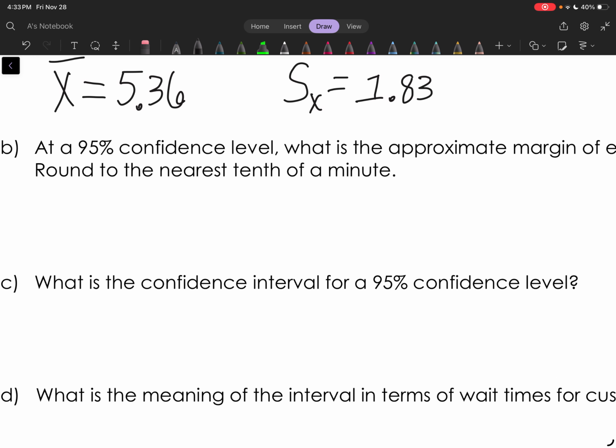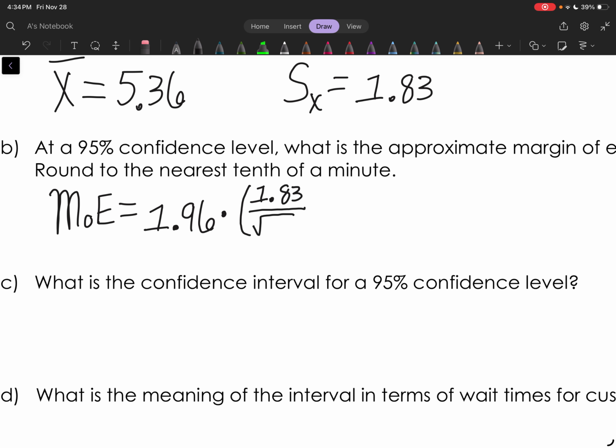At a 95% confidence level, what is the approximate margin of error? My margin of error formula: 1.96 times standard deviation, 1.83, divided by the square root of our sample size.